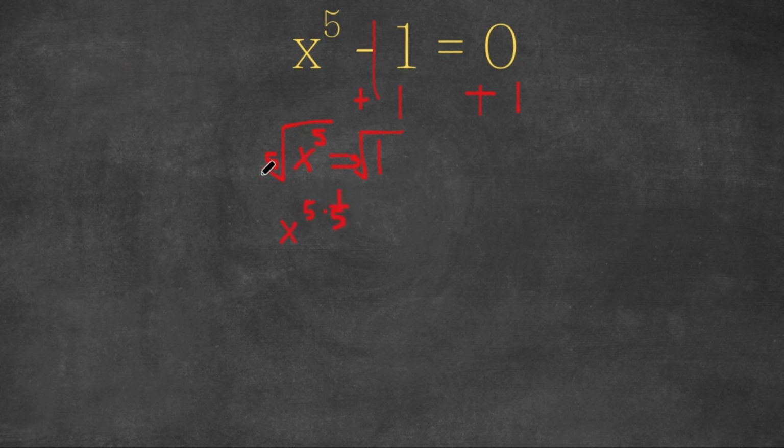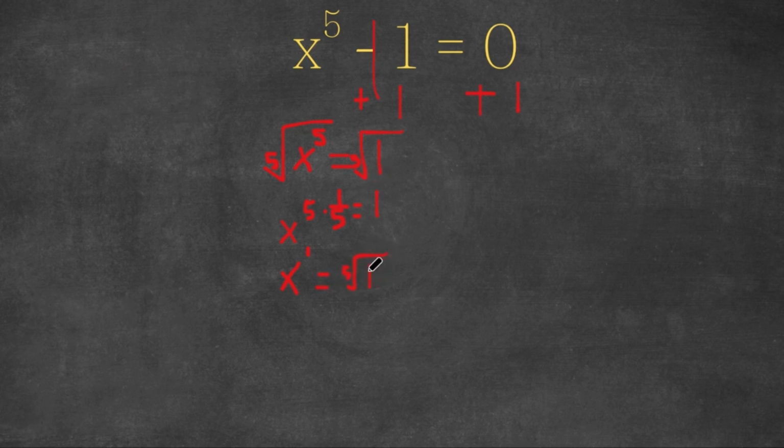Because the root of 5 is also 1/5. The square root is 1/2. So what this number is, that's just 1 over that number. And 5 times 1 over 5 is equal to 1, right? So this is x to the power of 1, which obviously equals x, equals 1 to the root of 5.